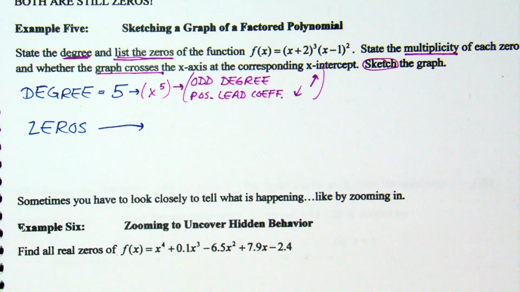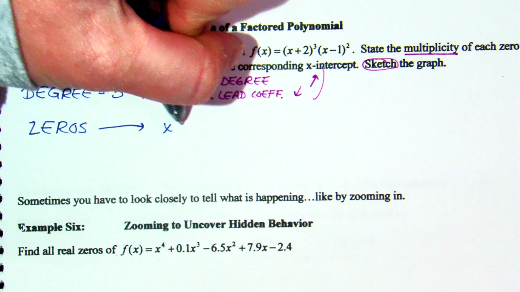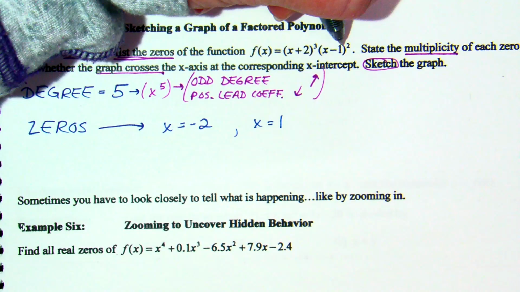Negative 2 and 1. Can we agree to that? Okay, negative 2 and 1, because x plus 2 equals 0 gives me x equals negative 2. And I'm going to space them out because I'm going to write some information below them. And x equals 1 comes from x minus 1 equals 0. So those are my zeros.